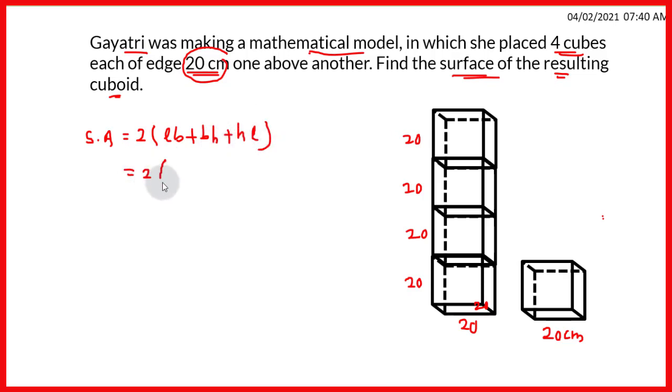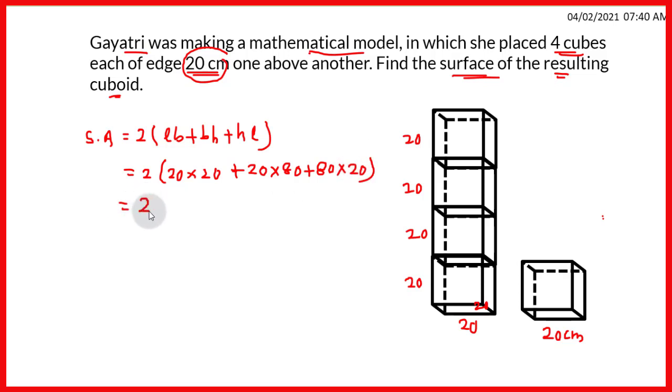So which is equal to 2 into bracket LB, that is 20 into 20, length into breadth, plus breadth into height, that is 20 into 80, plus height into length, that is height is 80 into length is 20.